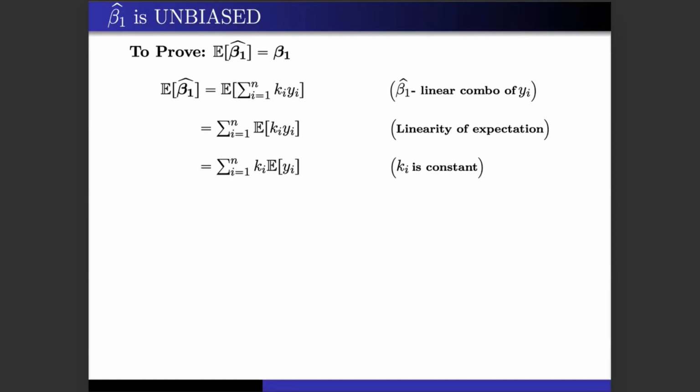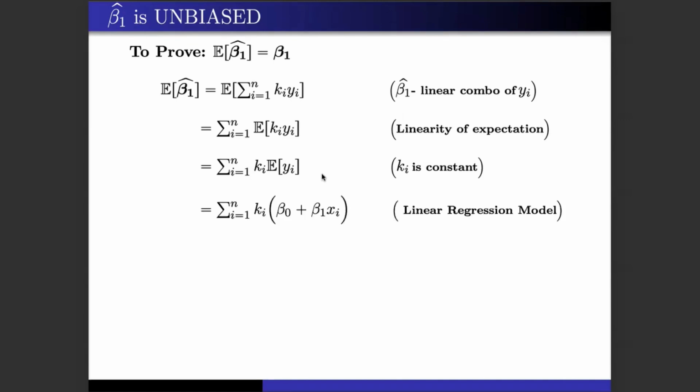In the next step, we use the fact that ki we have over here is dependent on the value of x. We are treating x as a fixed quantity. Therefore, this ki for each i is a constant. And we can again use the linearity property of expectation and pull this ki out of the expectation sign. And therefore, we get summation i going from 1 to n ki expectation of yi.